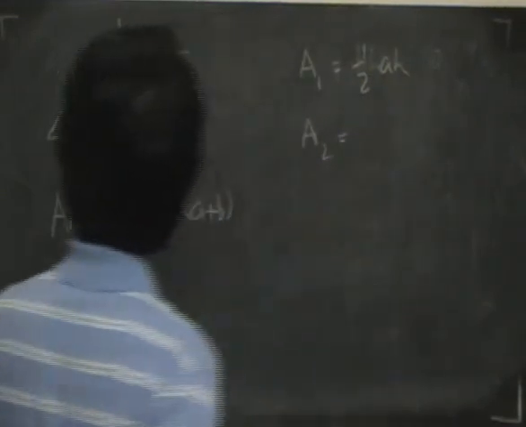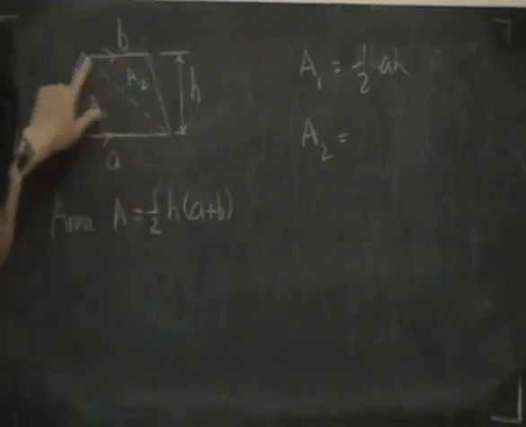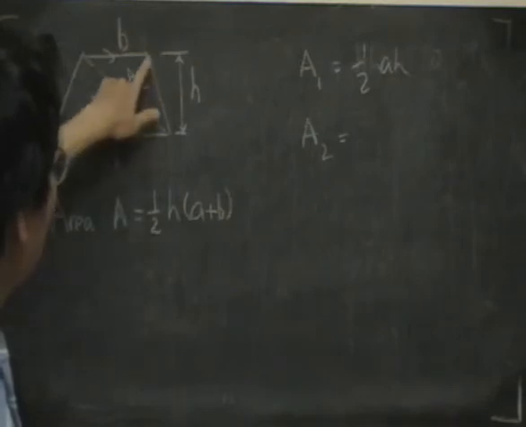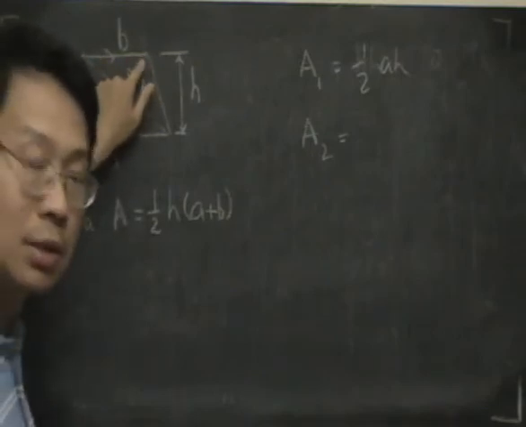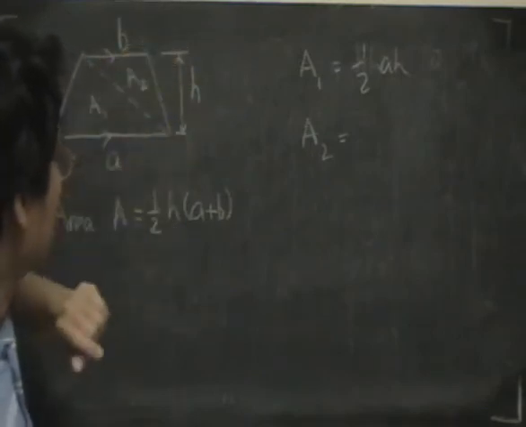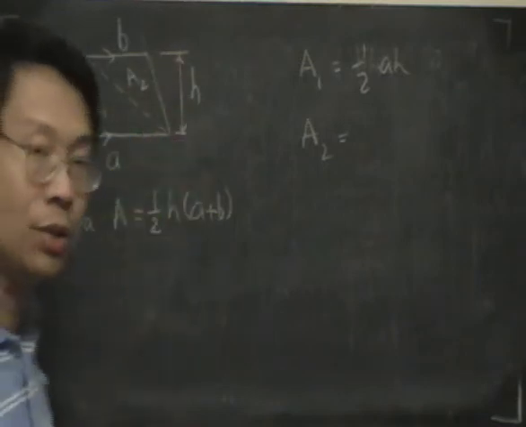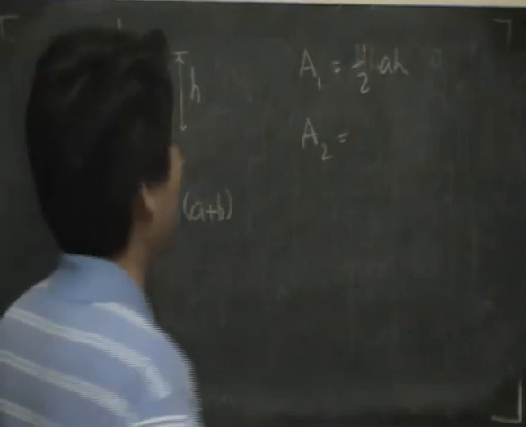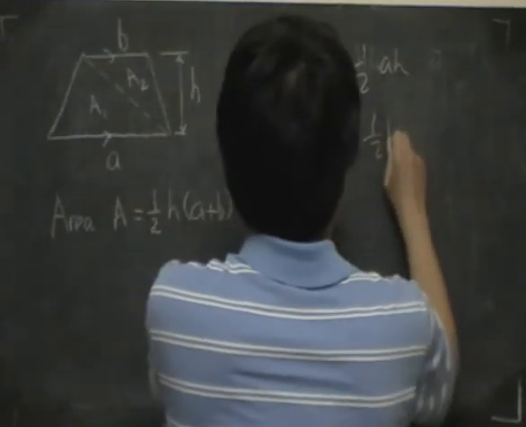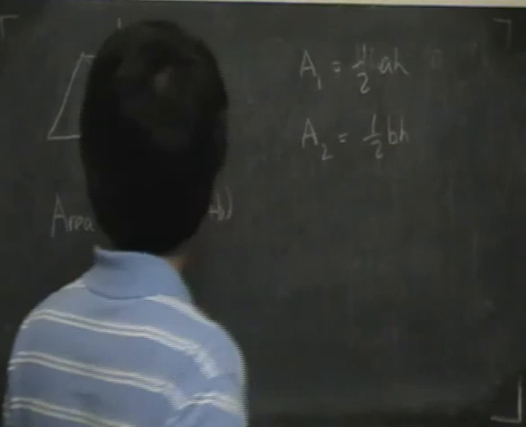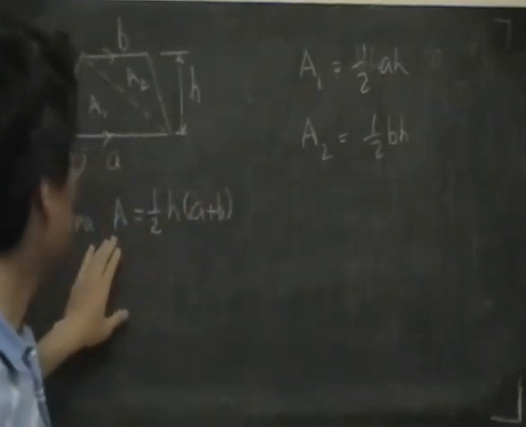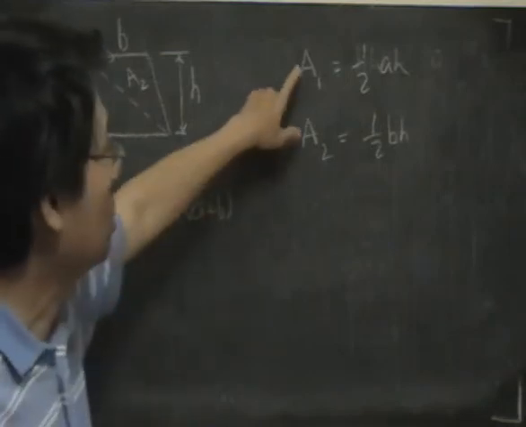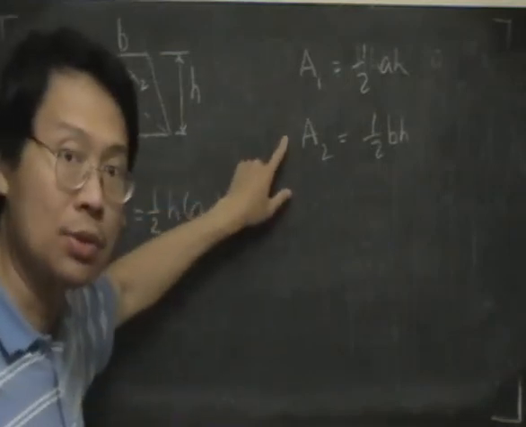A2 is a triangle. Now this time I can imagine that it's flipped upside down so that the top part is the base and the height is still H. Okay, so half times B times H. Now I can find the total area by adding up the areas of the two triangles.